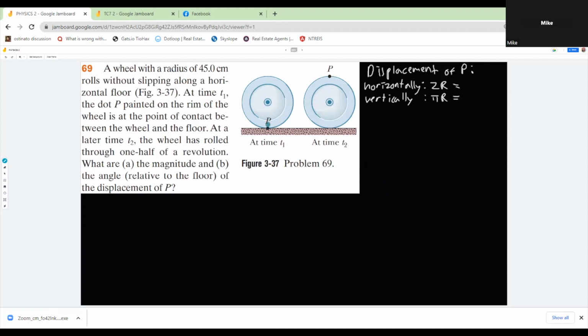Tapos horizontal, yung ganito, yung vertical is up by how far? Hindi siya along the circumference, it's just a vertical displacement. Hindi siya length traveled going up. Alam ko na.